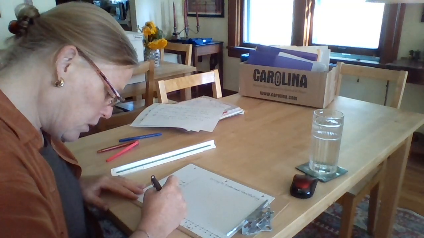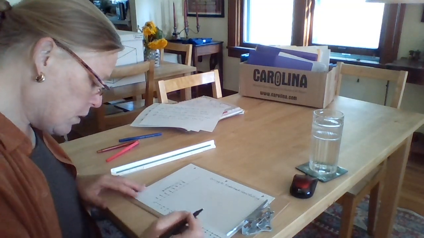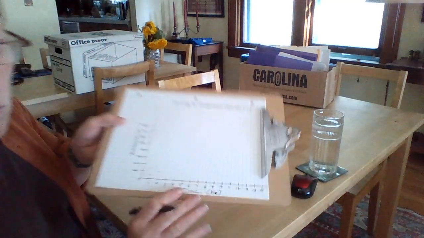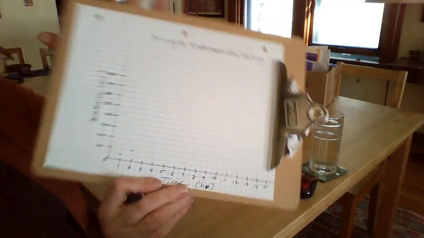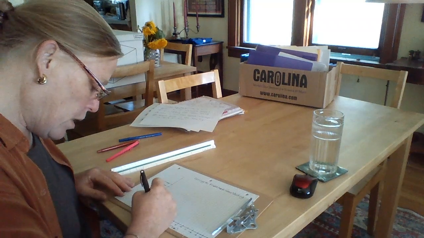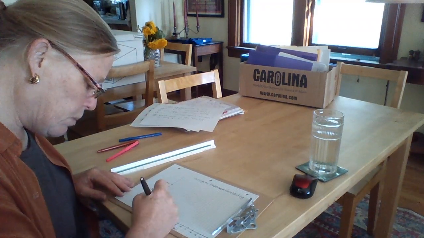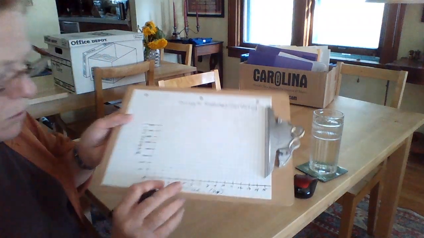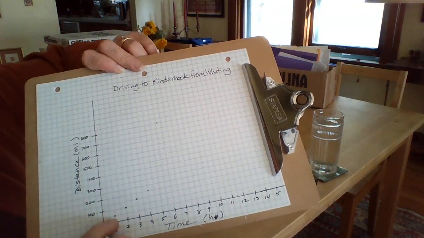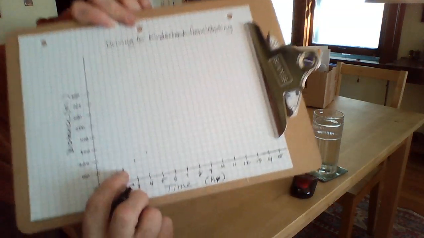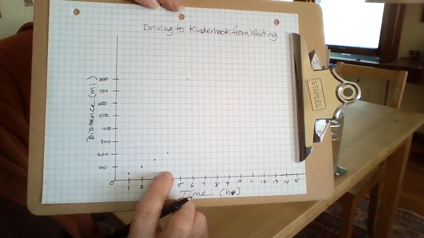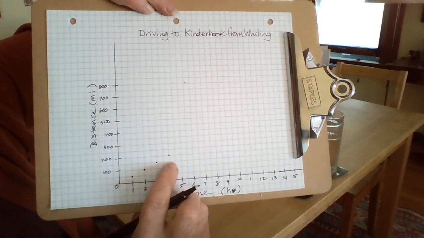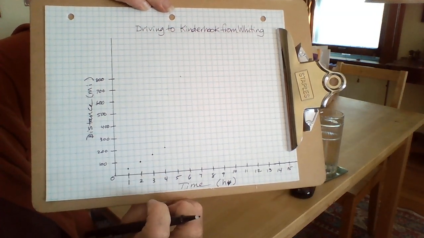In our second hour, we made it another 50 miles, so now we're at 2 hours and 100 miles. In our third hour, we went another 50 miles, and in our fourth hour, we went another 50 miles. So there we are, hour 1, 50 miles, hour 2, another 50 miles to get to 100, hour 3, another 50 miles to get to 150, and hour 4, another 50 miles to get to 200.